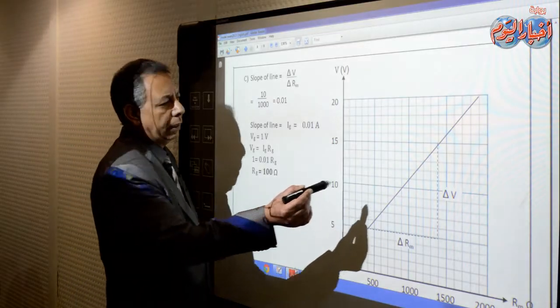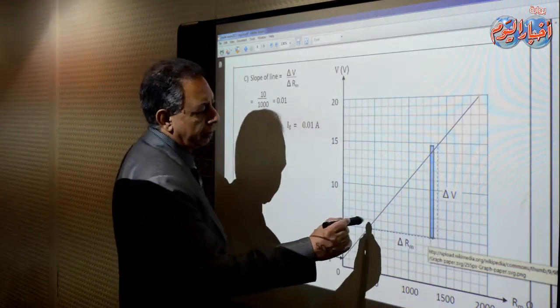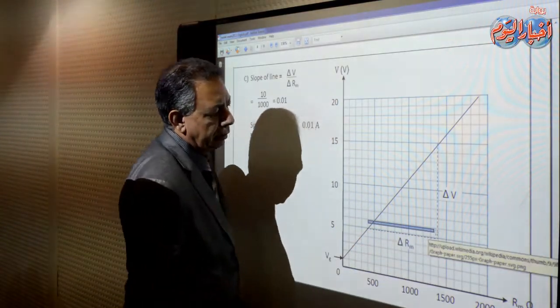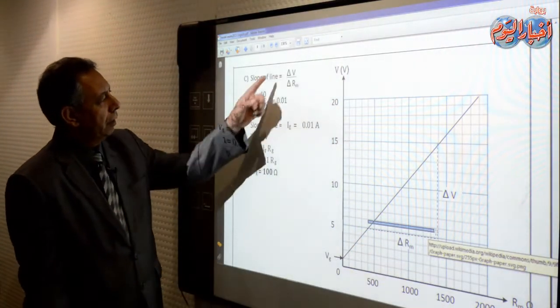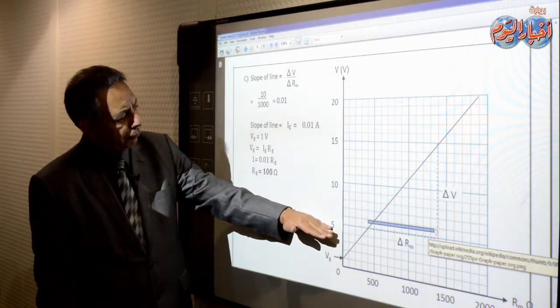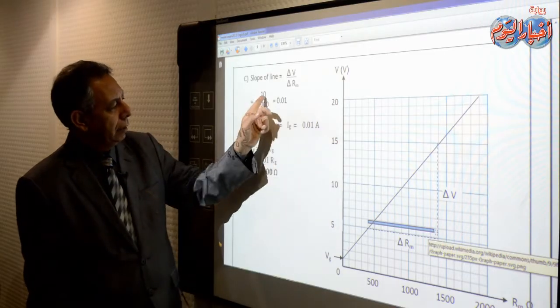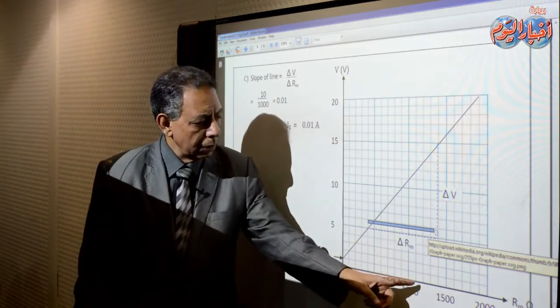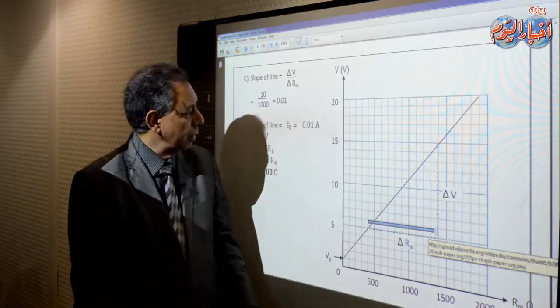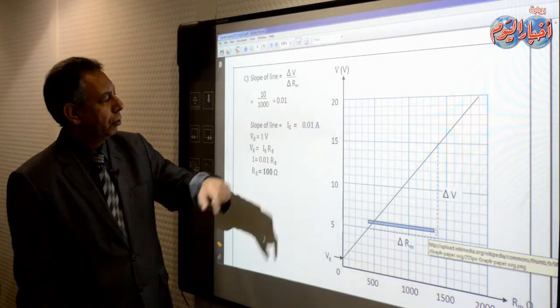Slope of line is delta V over delta Rm, which equals 10, from 5 to 15. You can choose any 2 points. And from 400 to 1000 the difference is 1000. So the slope of the line equals 0.01.